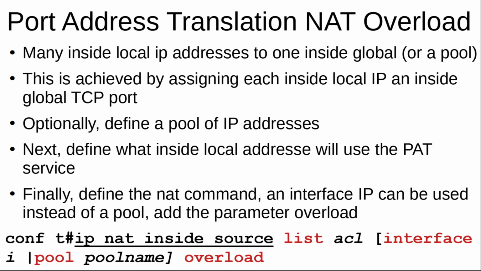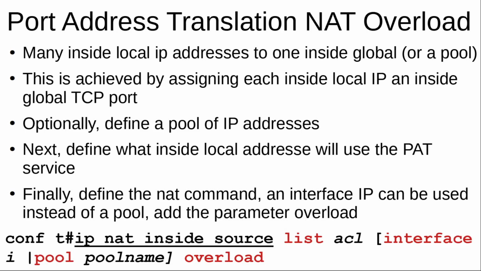With port address translation, you can translate many inside local IP addresses to only one inside global IP address. This is achieved using a mapping of TCP ports to inside local IP addresses.